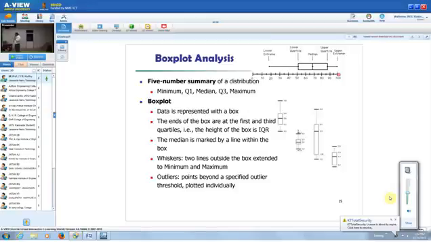Suppose it is income, let us say, a salary distribution.